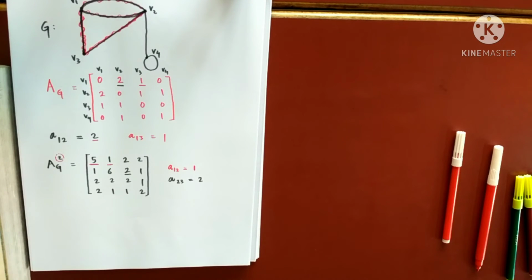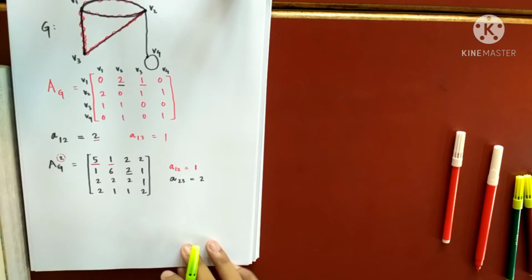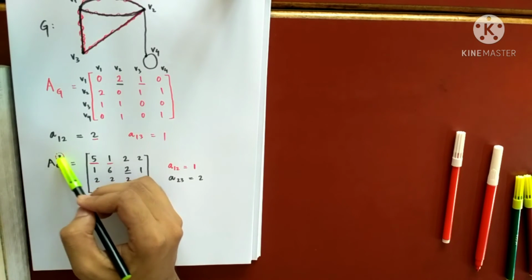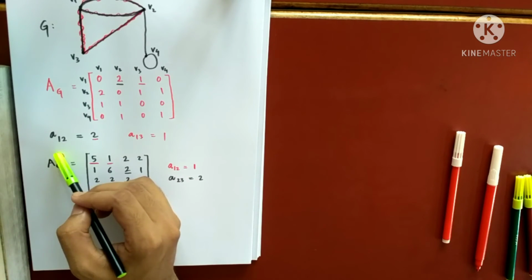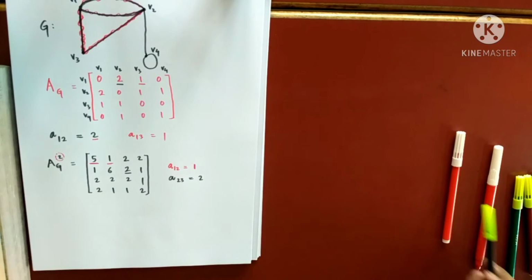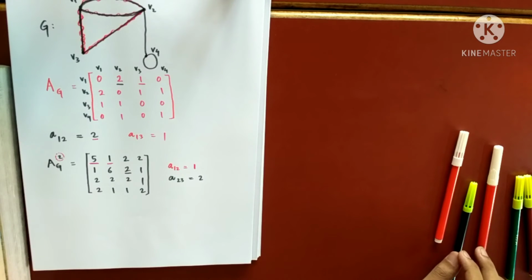This theorem will help us to count the number of possible walks from one vertex to another vertex of a particular length. Suppose you want walks of length 5, you have to multiply this matrix 5 times, so A to the power 5. The entries of that matrix will determine the number of distinct walks from one vertex to another vertex.